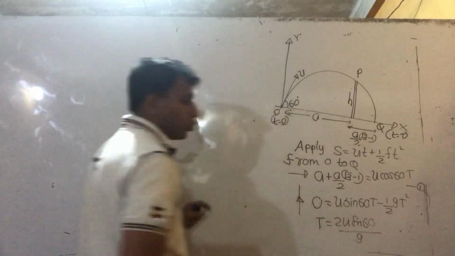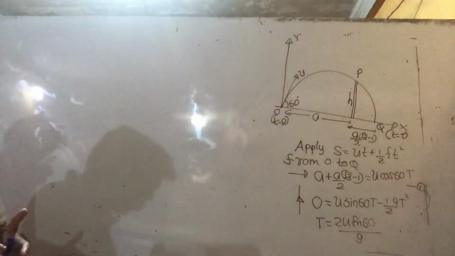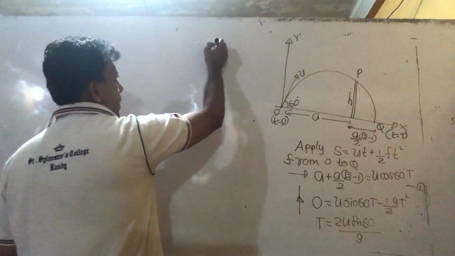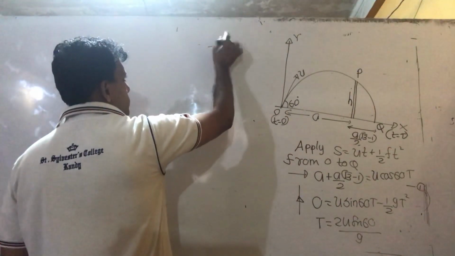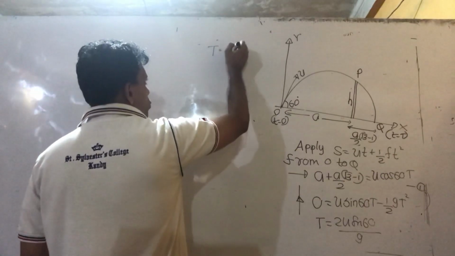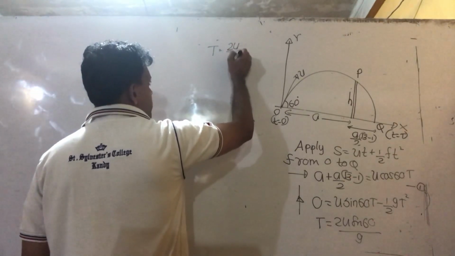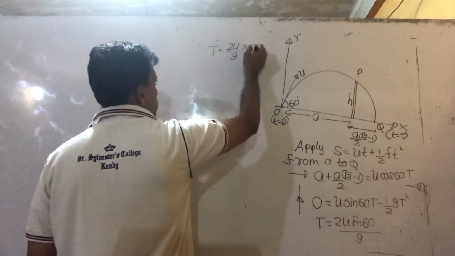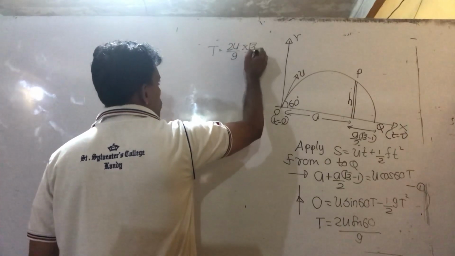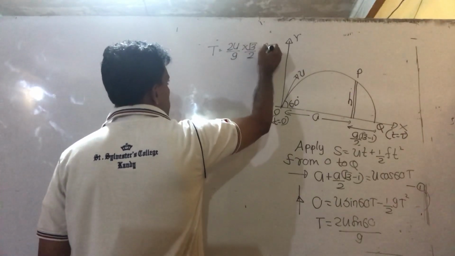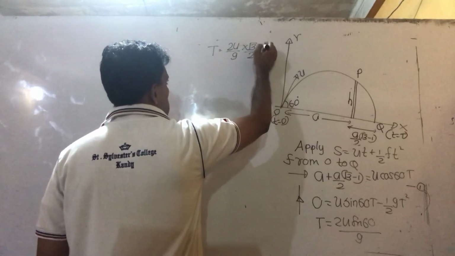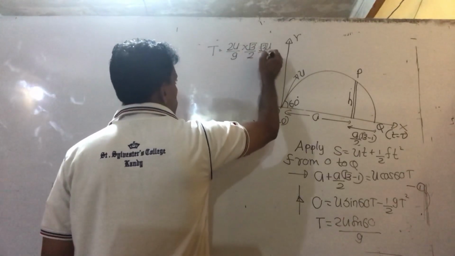Sine 60 is root 3 by 2, so the 2 cancels, and T equals root 3 u over g.